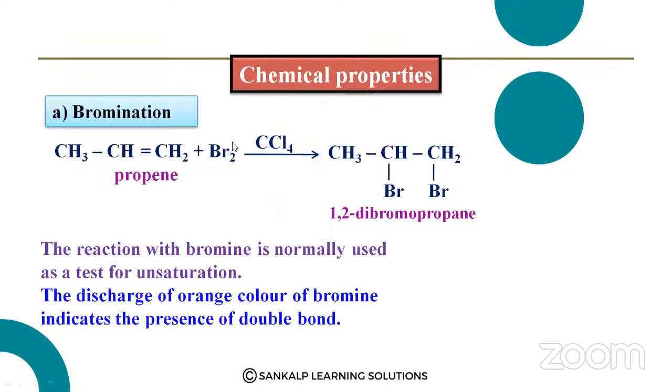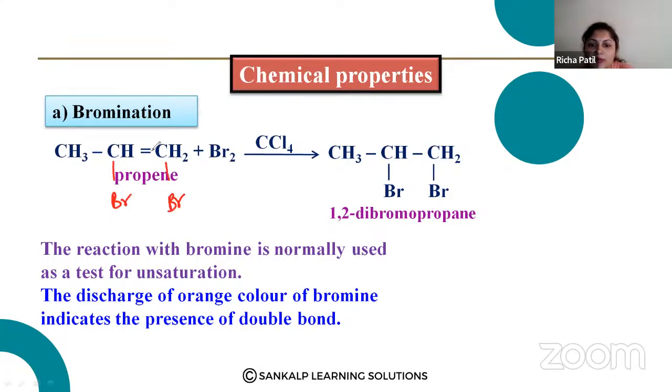Next, chemical properties of alkenes. Bromination. When you react propene with Br2 in the presence of CCl4, carbon tetrachloride, across the double bond both the bromine atoms get added.